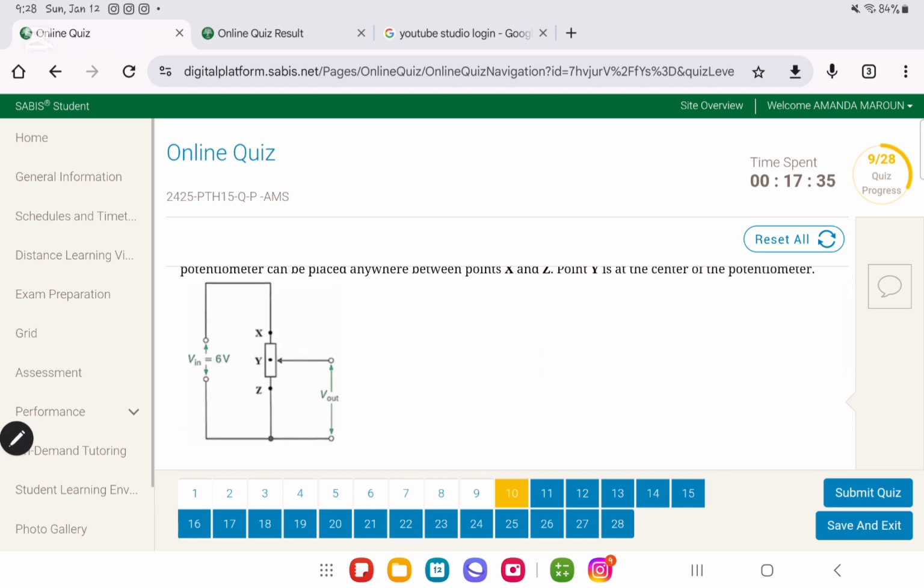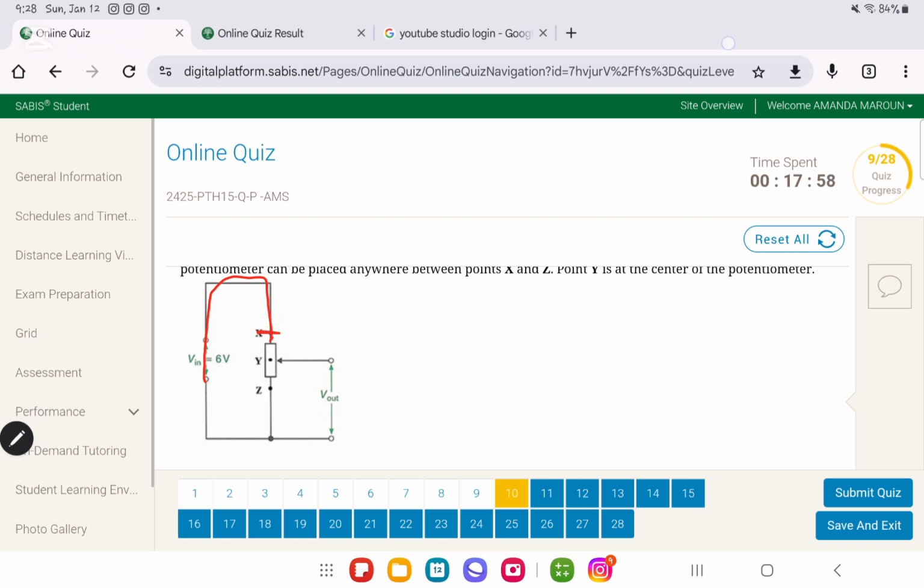Now, if you think about it, if you put the slider of the potentiometer, which resists the voltage, on X, it is going to resist the full voltage that's passing.